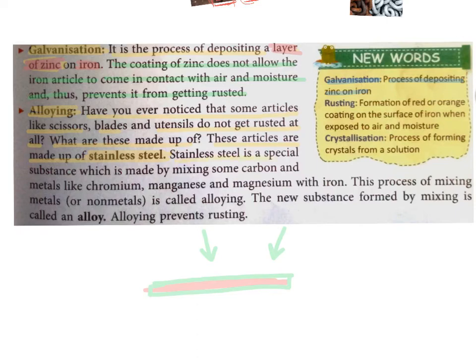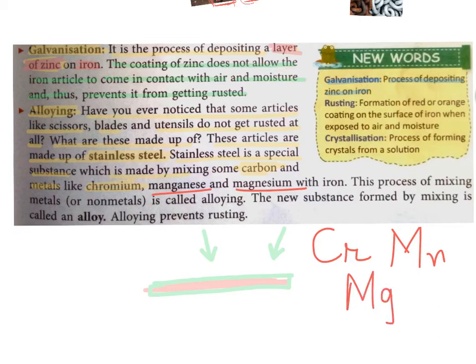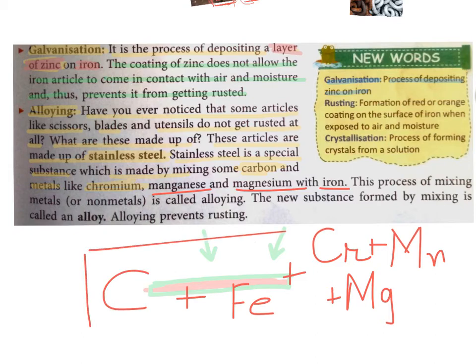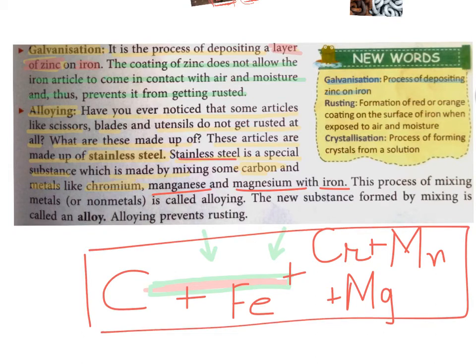Actually, stainless steel is a special substance which is made by mixing some carbon and metals like chromium, which is represented as Cr, manganese Mn, and magnesium Mg with iron Fe. So when we add all these things along with carbon, we get stainless steel.